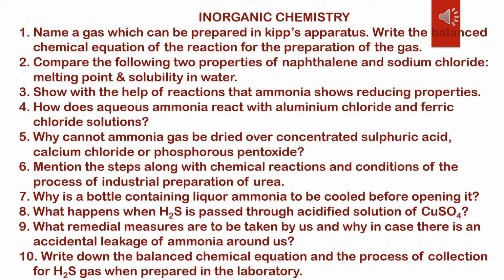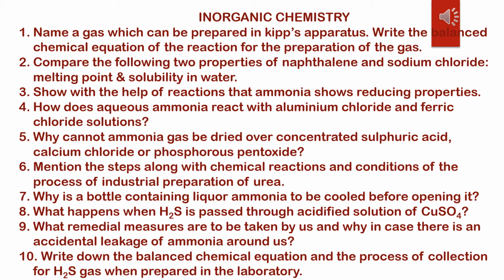And another example, when ammonia is passed over heated PbO, that is lead oxide, it reduces lead oxide to lead. So 2NH3 + 3PbO = 3Pb + 3H2O + N2.